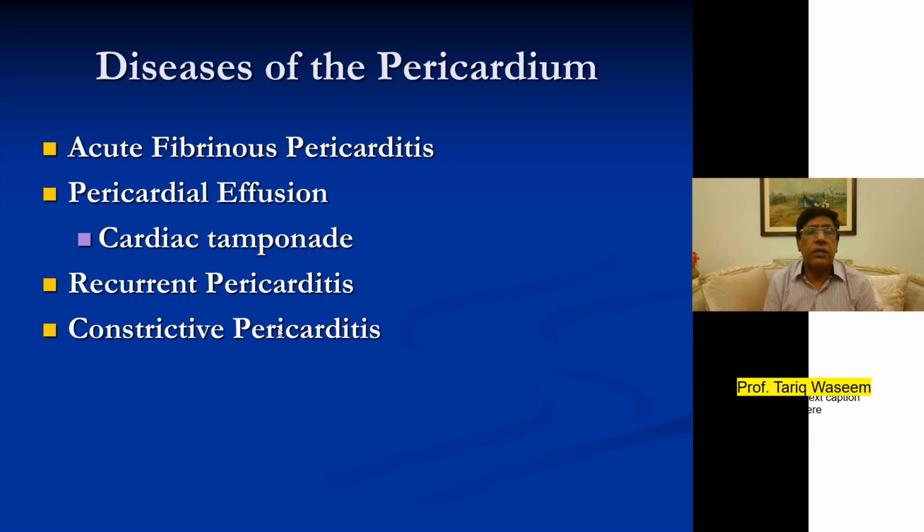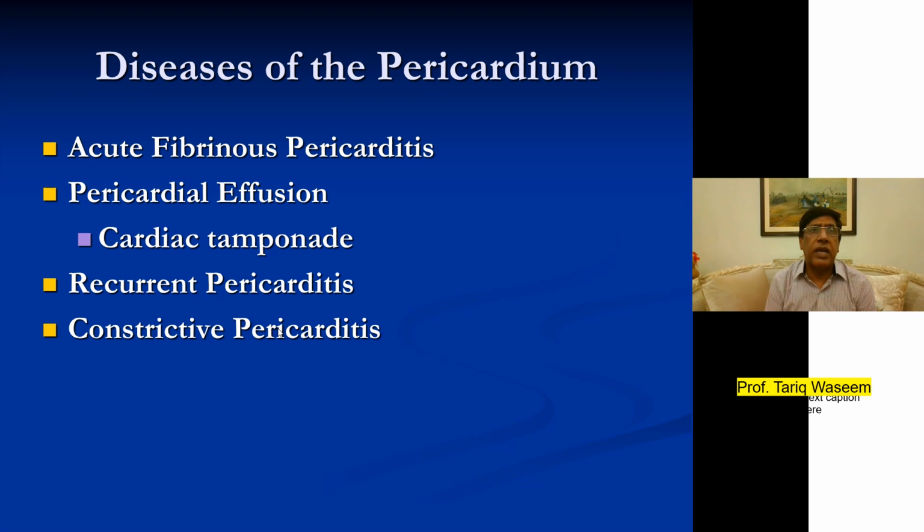Some people have recurrent pericarditis. They tend to have pericarditis again and again. Mostly this may have an autoimmune or inflammatory etiology. Another important thing about pericardial disease is that acute pericarditis, particularly with a fibrinous type of material being exuded, may lead on to very prominent fibrosis of the pericardium.